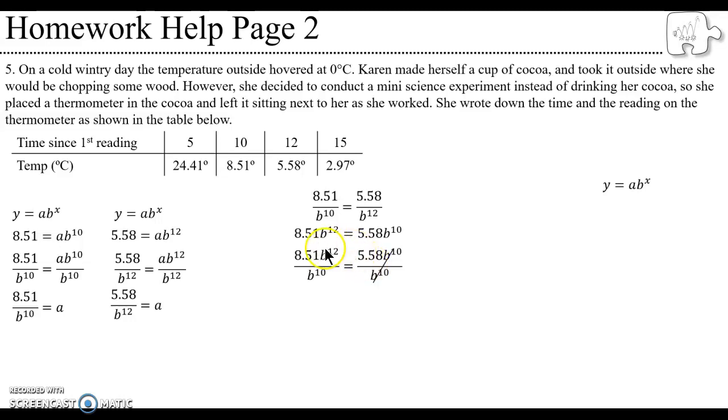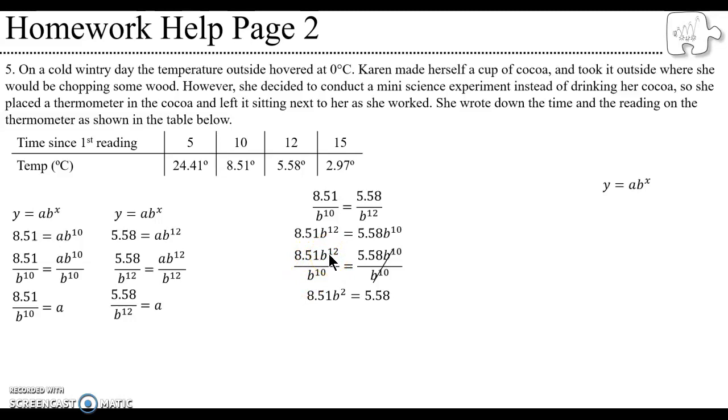And then for the left side, if you have 12 b's in the numerator and 10 b's in the denominator, when you cancel them out, you're only going to have 2 b's left over. Remember that when they cancel, like in a fraction, it'll be subtract.